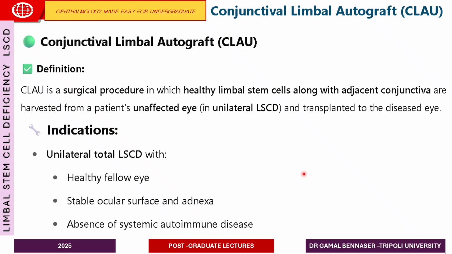So we harvest part of the conjunctiva along with the limbus from the normal eye and transplant it into the other eye. The indication is the presence of a healthy fellow eye and stable ocular surface and adnexa, and there are no autoimmune diseases.